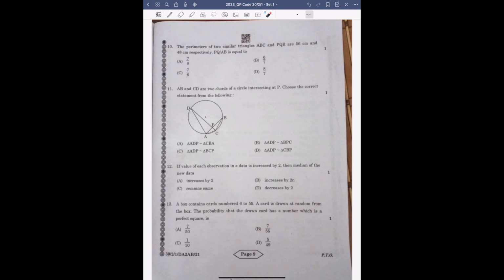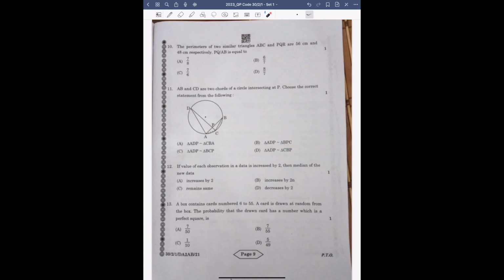Which two triangles are similar? When you talk about sides, none of the sides are equal, because it's a circle. You have chords and the chords are not given to be equal. All they say is that it intersects. So if it intersects, we need to look at the two triangles, A, D, P and B, P, C. Okay, so the answer is this.